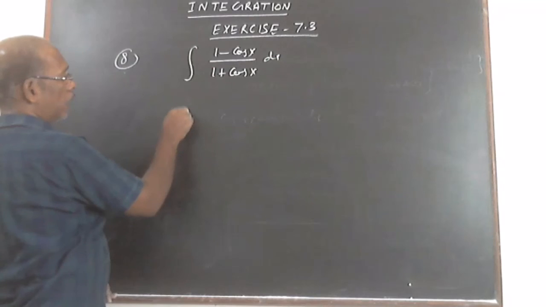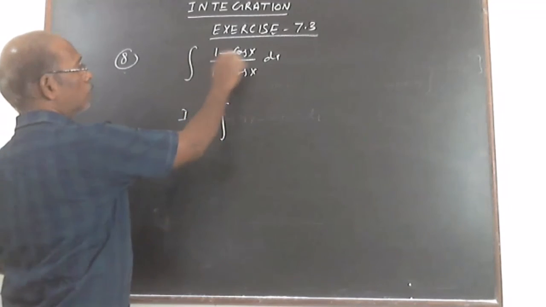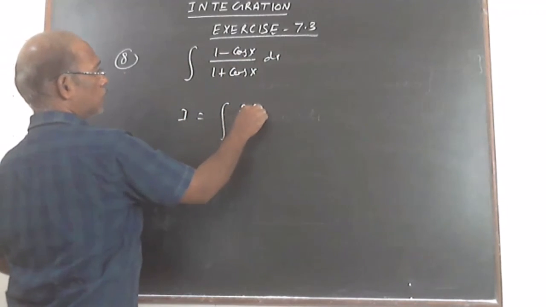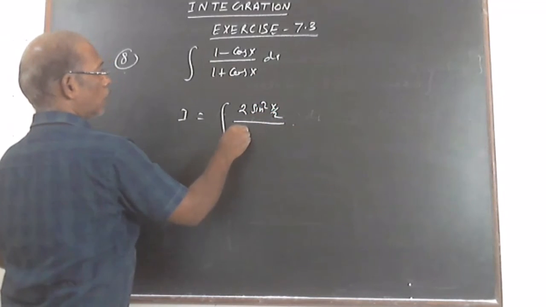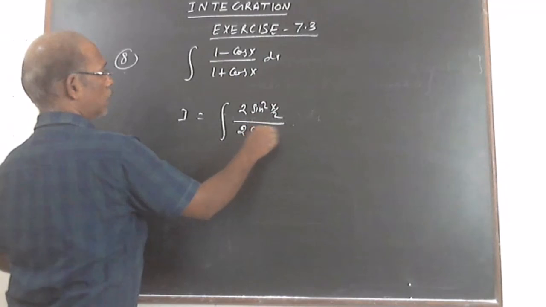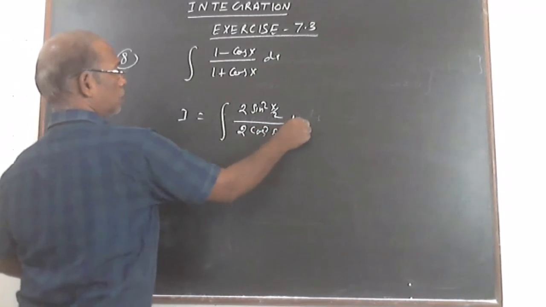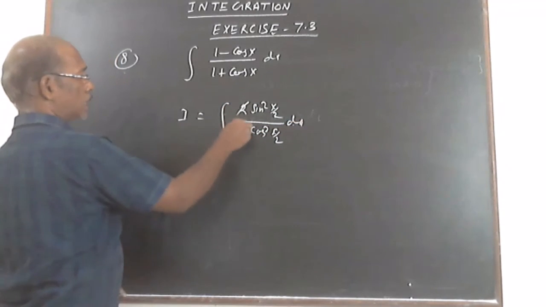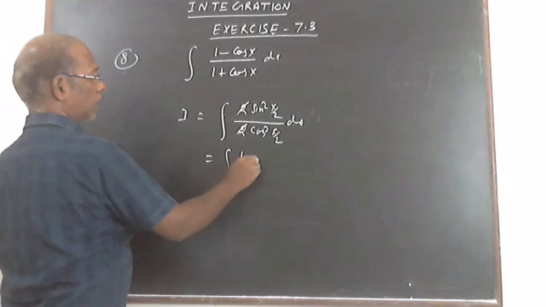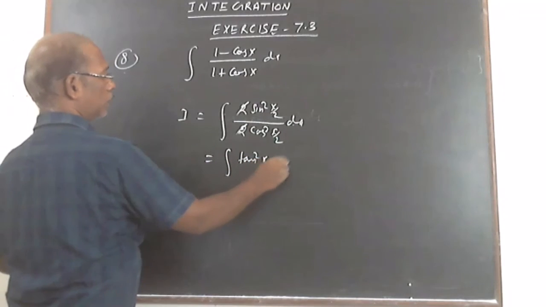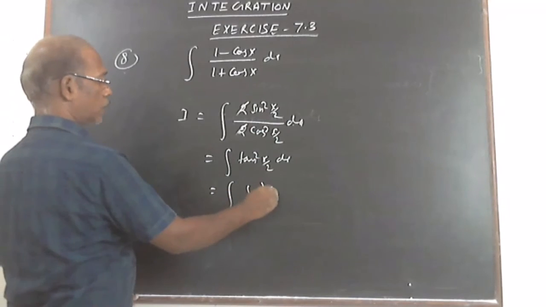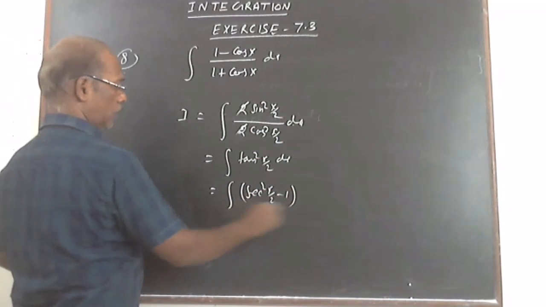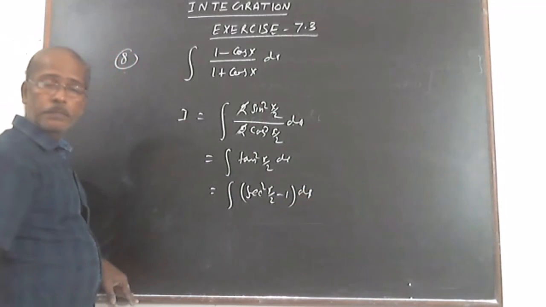Using identity, I equals, the numerator 1 minus cos x is 2 sin square of the submultiple angle, the denominator is 2 cos square of the same submultiple angle. After cancellation of 2, we get tan square x by 2. Then again using identity, this is secant square x by 2 minus 1, a trigonometric identity.